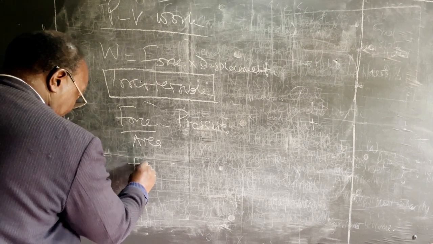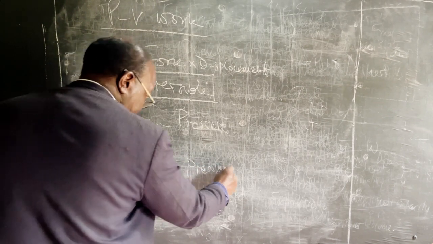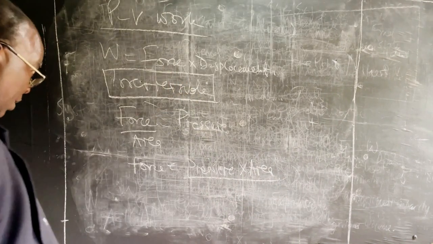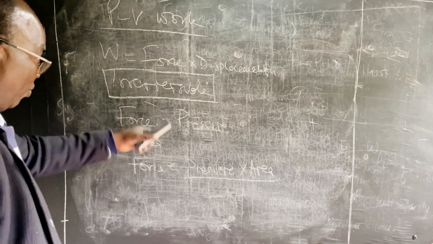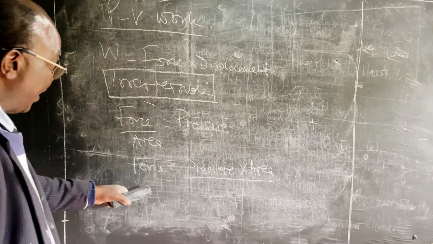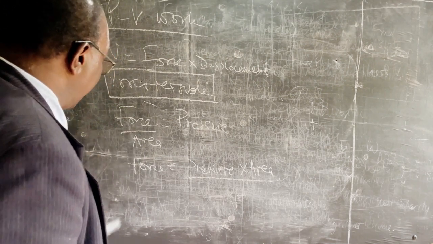So that force is basically pressure times area. It's pressure times area. So what we now have is our pressure, which is force over area, which is force per unit area.